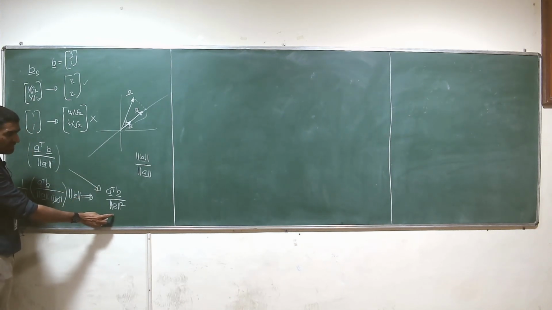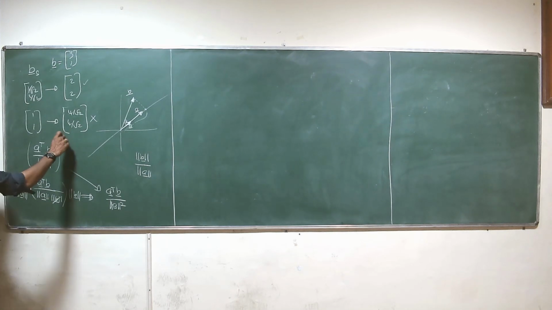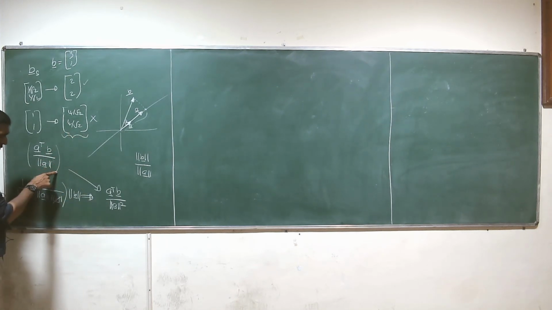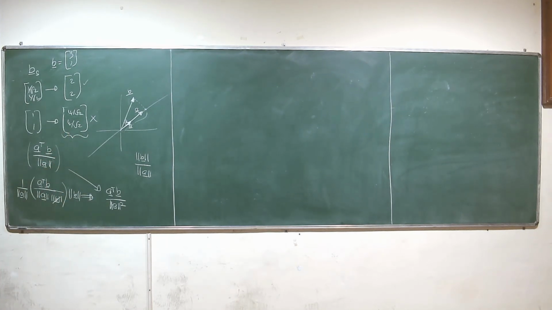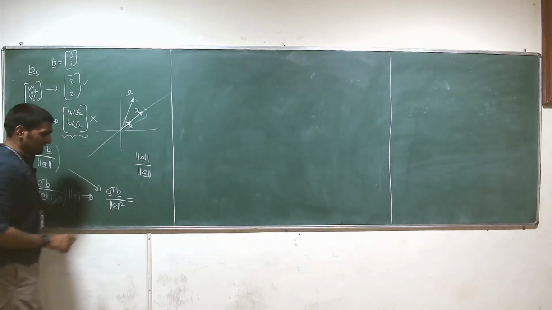So you will have to divide this by the norm of A again. Or recompute this using this expression, not this. That's what I'm saying. And what do you get if you recompute using this?